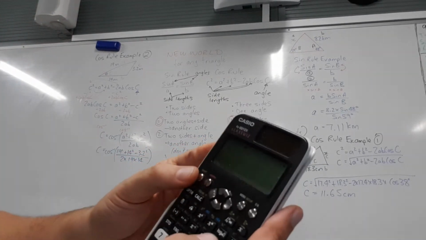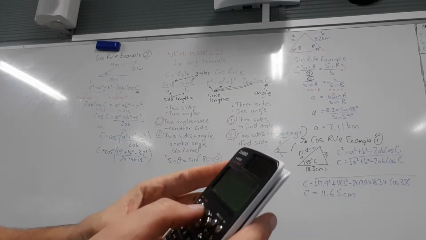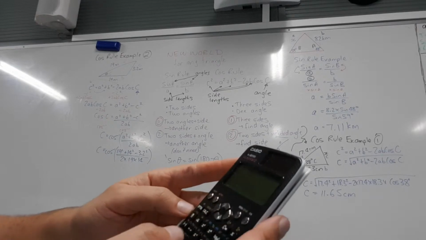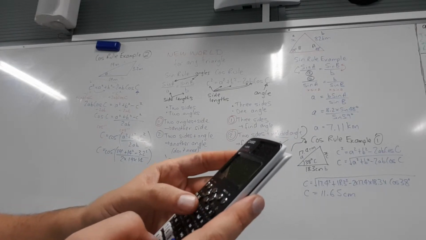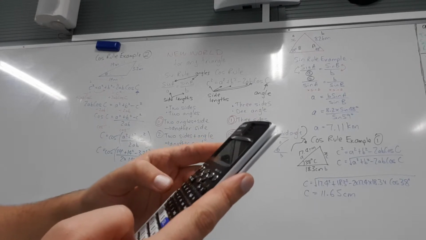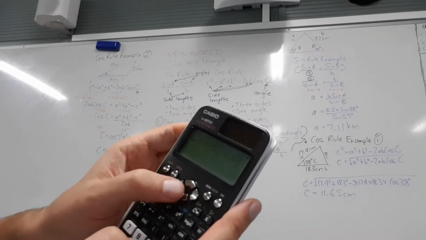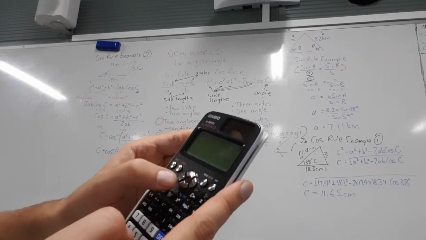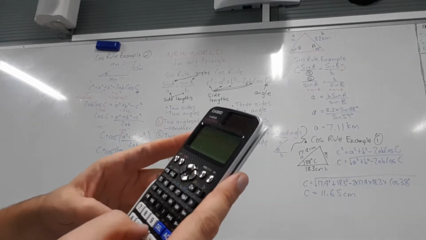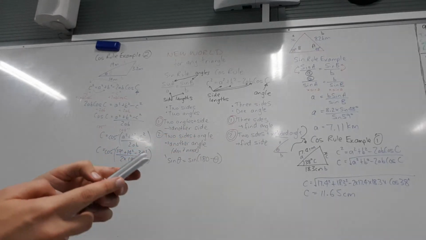So, shift cos, and I'm going to close that. I'm going to need to put a big fraction there. 19 squared plus 14 squared, take away 3.2 squared on 2 times 19 times 14. Oh dear.